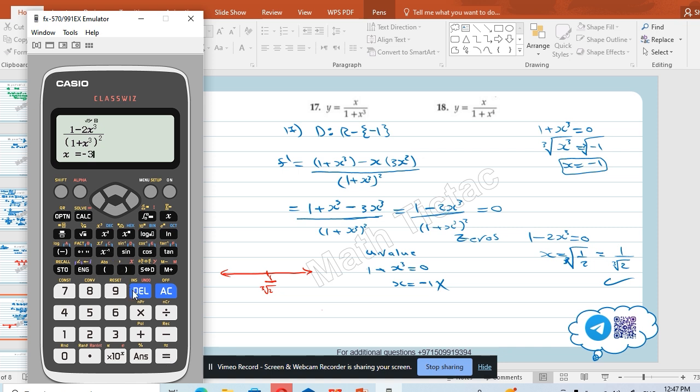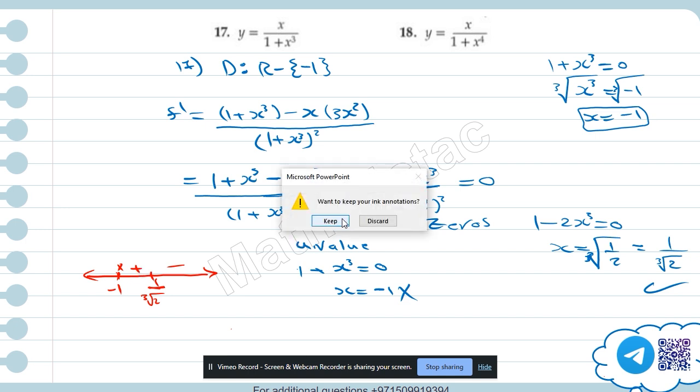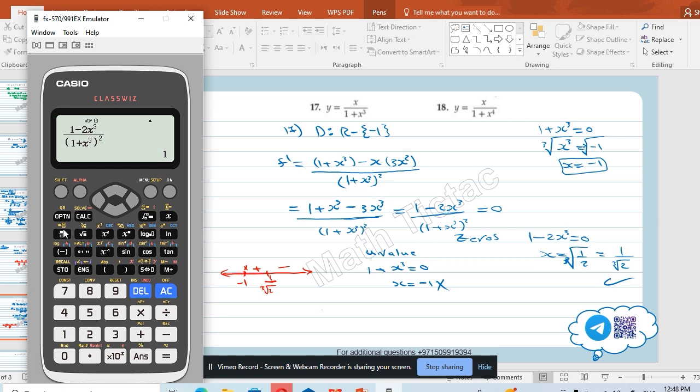If we take a value less than minus 1, so calculate at minus 3, it will be positive.